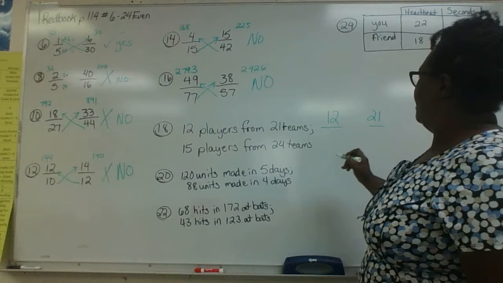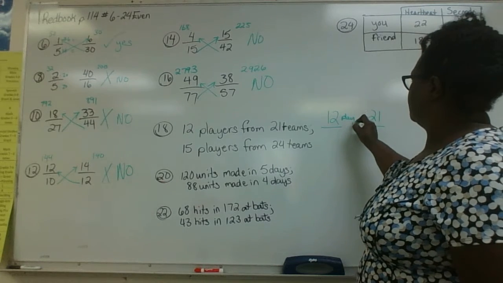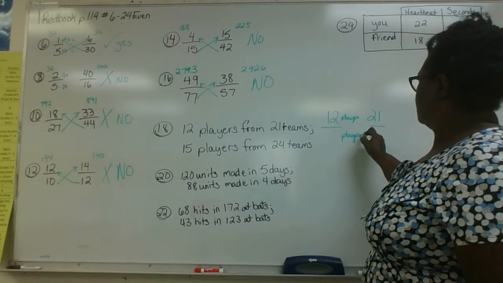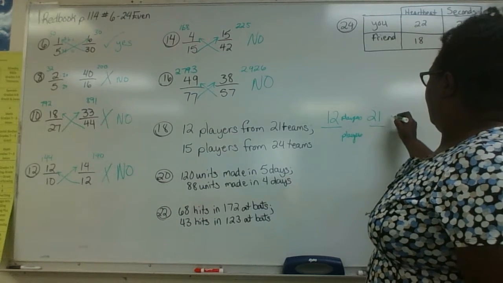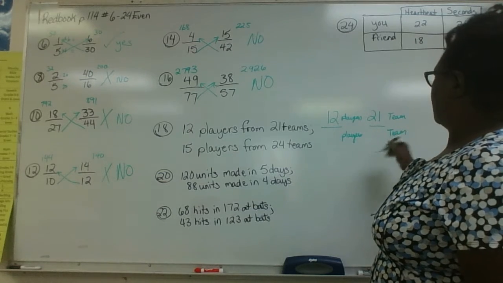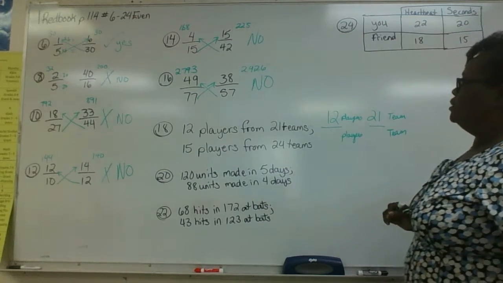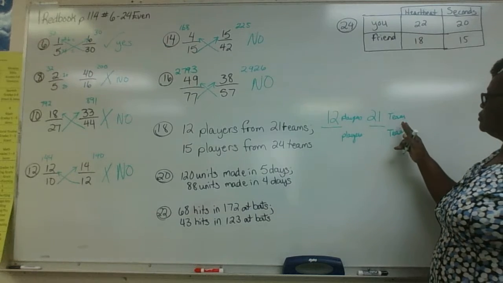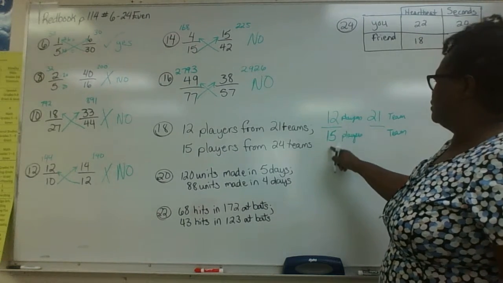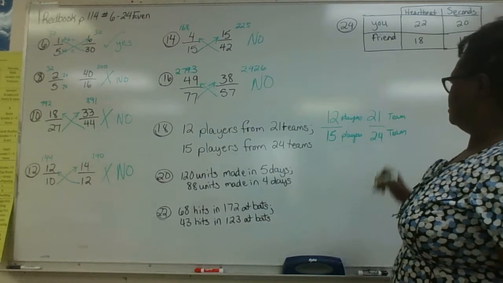So therefore we have players to players, and teams to teams. Notice how I set this up. So we have 12 players to 21 teams. Now we have 15 players to 24 teams.